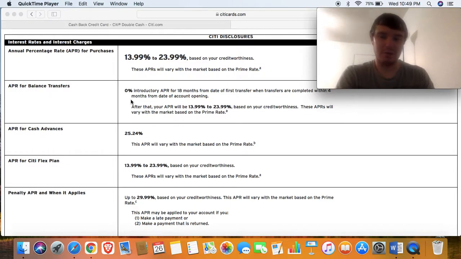Now, according to this, you have to complete the transfer within 4 months of the date of account opening. If you don't complete it within the 4 months, then this 0% APR won't apply. And then it says, here's where they catch you. After that, your APR for balance transfers are these rates.